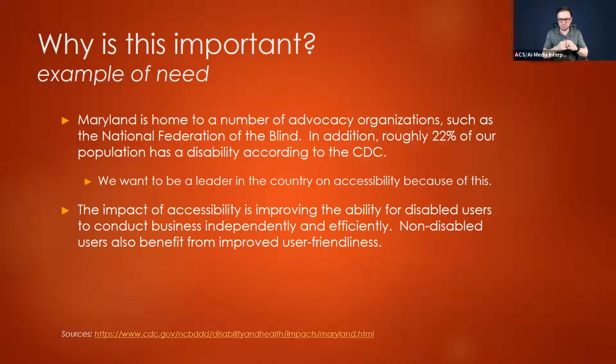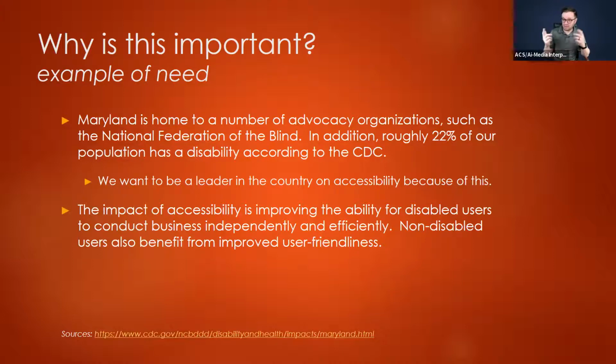So why is it important? Fortunately for Maryland, we are home to some fantastic advocacy organizations. Obviously, we have our friends here from the National Federation of the Blind, who we work with very closely. Per the federal government, CDC says about 22%, roughly 1 in 5 Marylanders, have a disability.